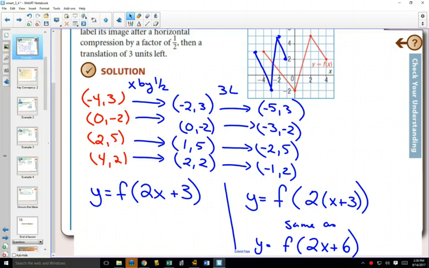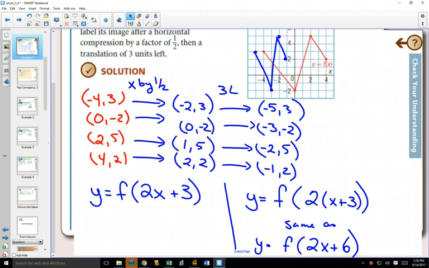So my gut is telling me that I should go with this one, 2x plus 3. And some of you picked this one because so far everything that's inside the brackets has been opposite. So if your gut told you to pick the first one, your gut tells you to not go with your gut. So pick the second one, and maybe you're choosing this one.